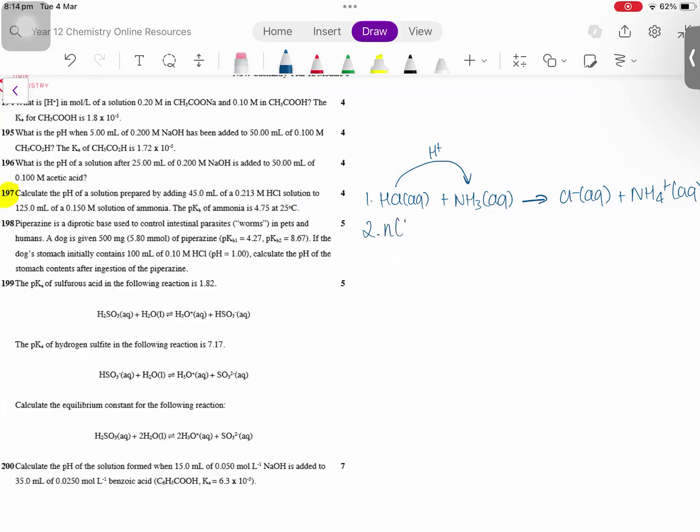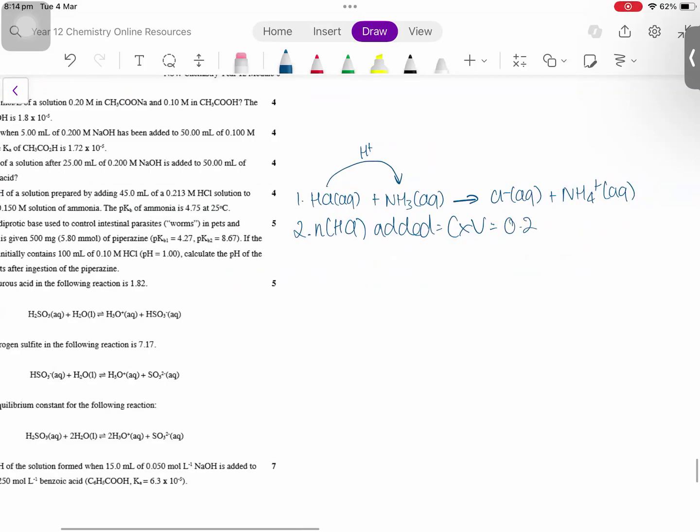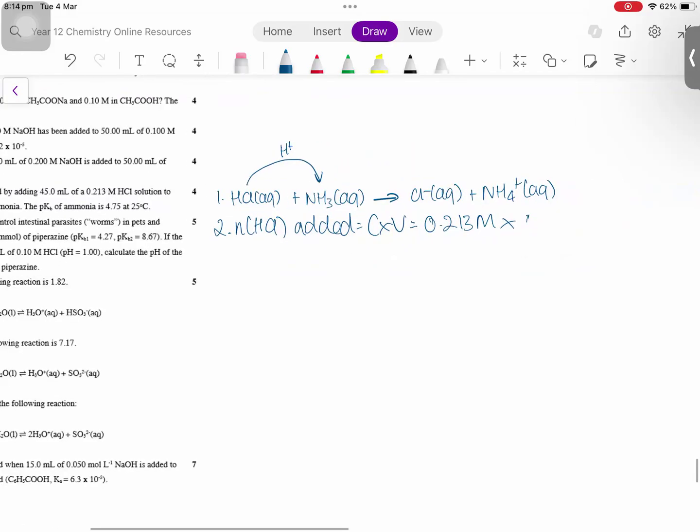So number 2, moles of HCl added. Be quick with your numbers for me. C times V, you've got 0.213 molar times 45 mL of HCl, so 0.045 liters. What do you get for HCl?